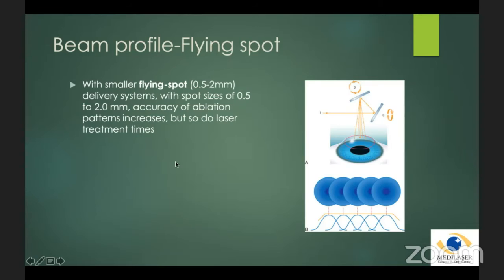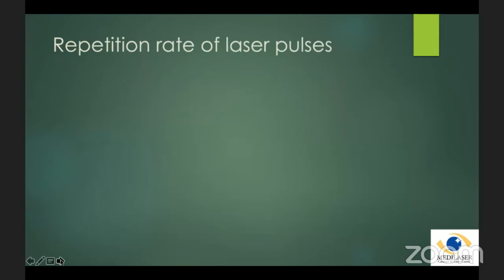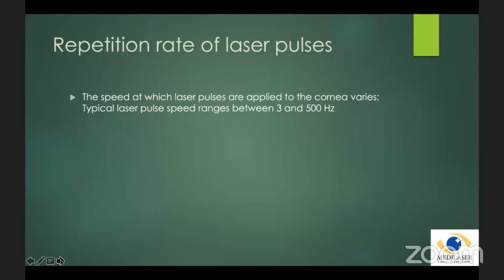So what we commonly use now are the flying spot beam profiles, and what they cause is that more treatment time is required, but we can get more accurate treatments with these. Even a combination of broad beam and flying spot, called the variable spot, is possible with lasers nowadays. The repetition rate of these laser pulses is important because that determines the treatment time.